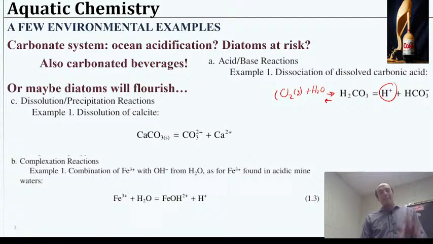However, he's using these different examples to say, oh, okay, when might it be relevant? And sure enough, these are both relevant, and we want to be able to have a handle on all parts of this system to really think critically about what might or might not happen as we engage with the environment. So the first was acid-base reactions that he was discussing.